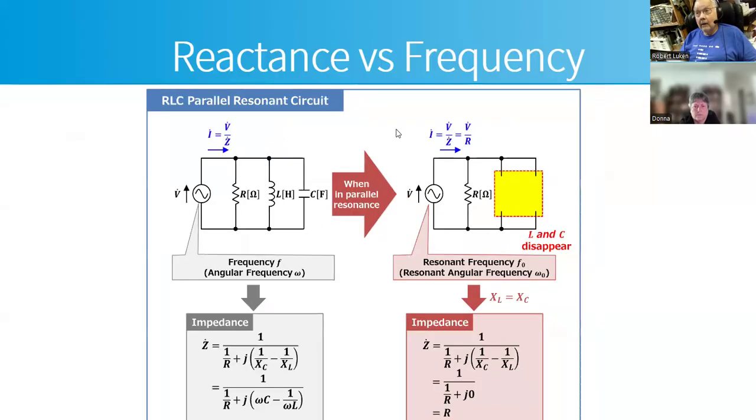If we look at a parallel resonant circuit where you have the resistor, inductor, and capacitor, the impedance equation is a little different.